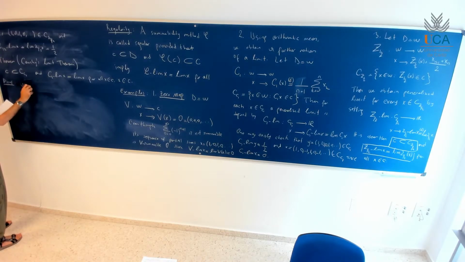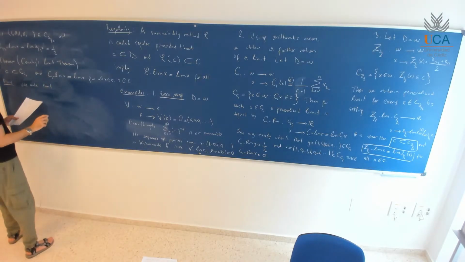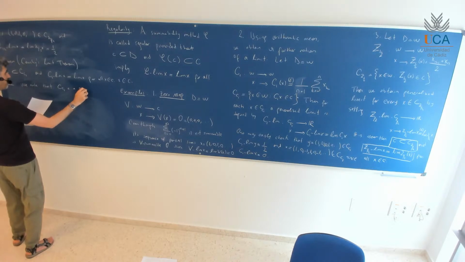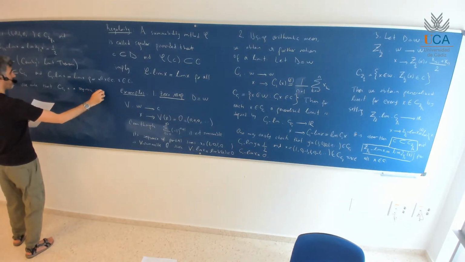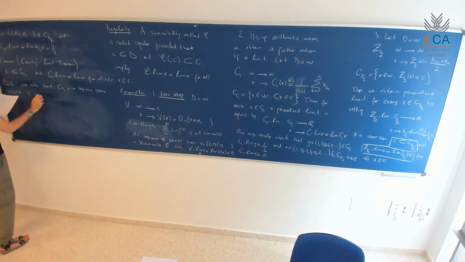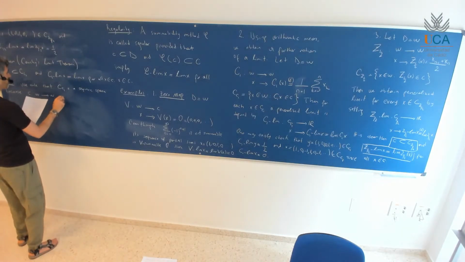Firstly, we note that C1 is a sequence space, because the operator from omega into omega, which is the Cesaro map C1, is a linear operator.